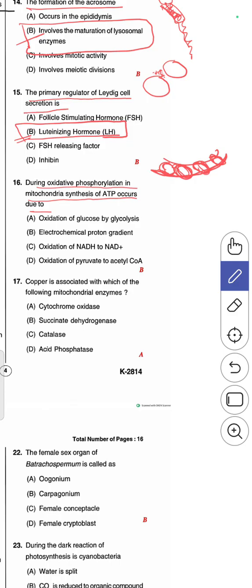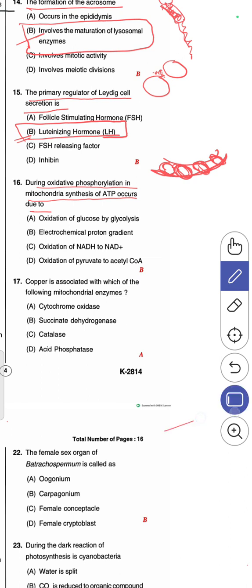During this electron transport chain, ATP formation takes place in the mitochondria by converting adenosine diphosphate plus inorganic phosphate to ATP. It is because of the electrochemical proton gradient.